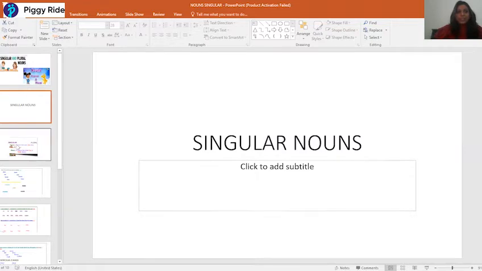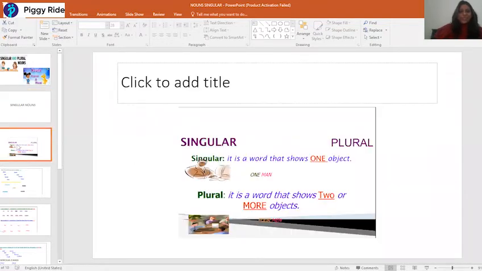So let's start with singular nouns. Well, singular is a word that shows one object, like one man, one boy, one book, one pencil, everything in one. So we term it as singular noun.